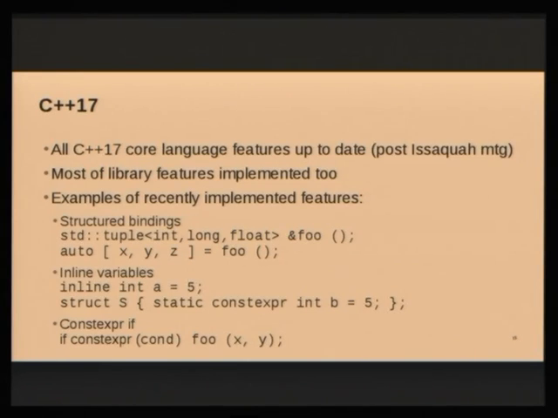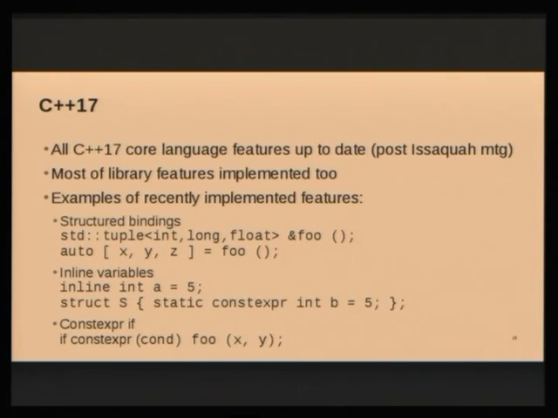After the auto keyword, you can actually put the ampersands to make it a reference or rvalue reference, and then there is a list of identifiers between the square brackets, and this depends on what type this foo has.